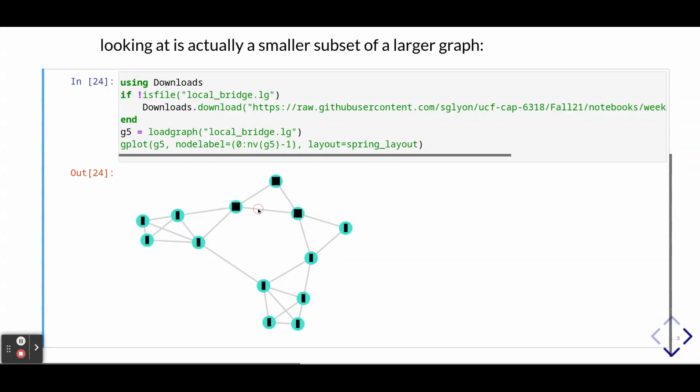For example, we might just zoom out and realize that 3, 4 is not a bridge at all. It's just a subset of a much larger graph. So why then would we say, one, bridges are super important, let's pay attention to them, and then two, they don't ever really show up, so don't worry too much. That seems a little contradictory.